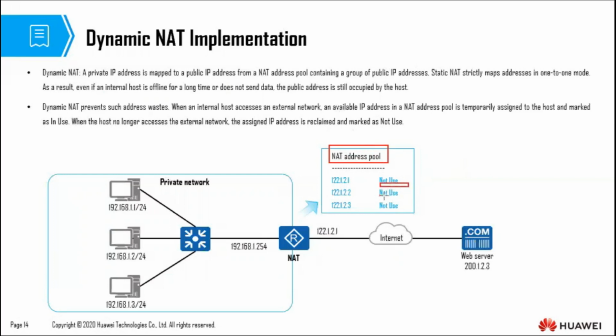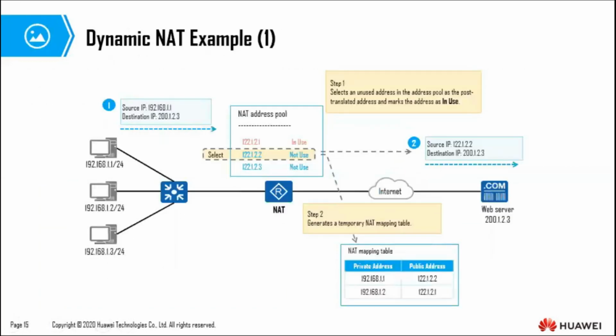Is it in use or not? So we have fewer public addresses compared to the number of internal hosts that we have. That is how dynamic NATing works. And therefore, it is able to use these resources more efficiently. Okay, so let's see how it works here.